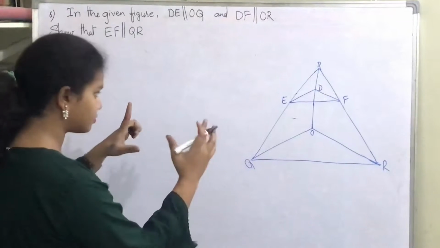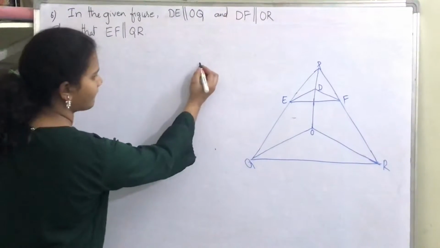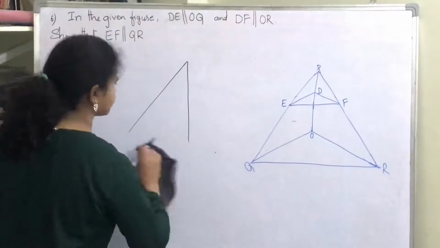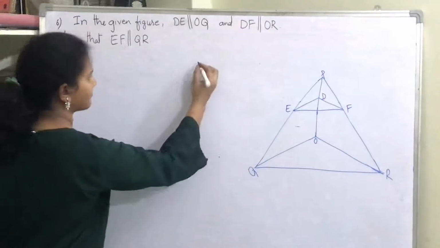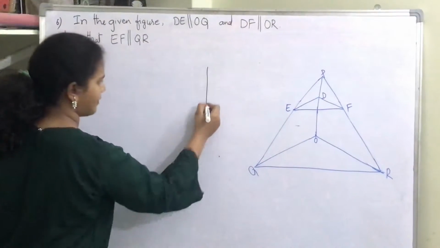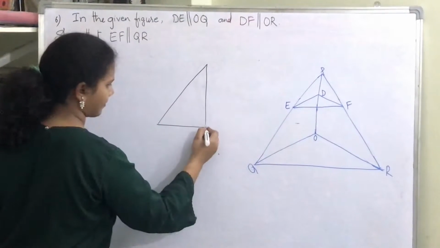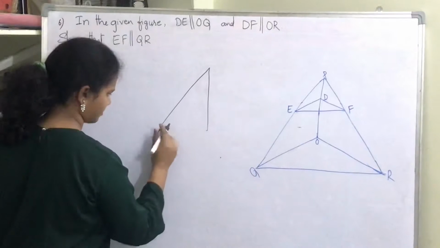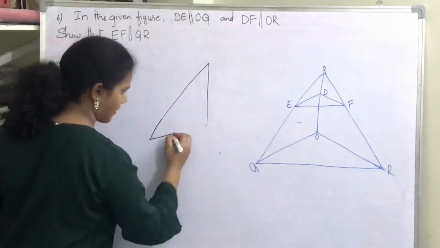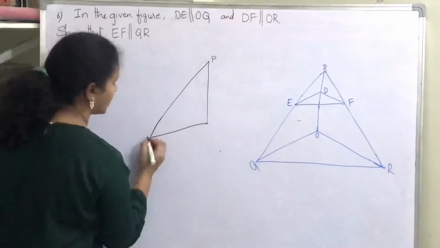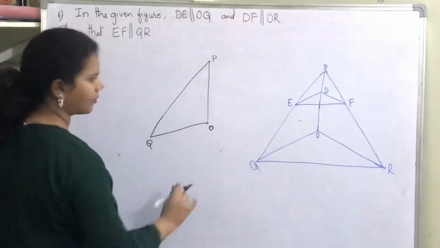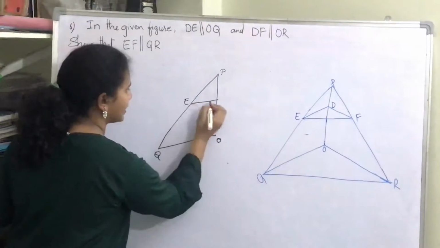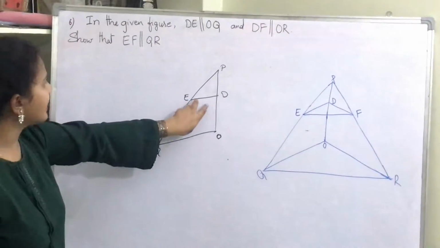Firstly let's draw both triangles. Let me take a triangle like this, and consider this triangle as P, Q, O. Now to this triangle PQO, I have E, D, so DE is parallel to OQ.